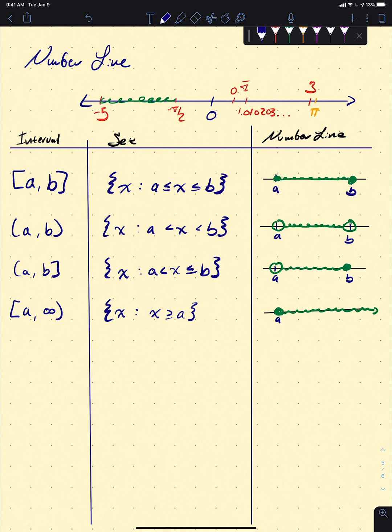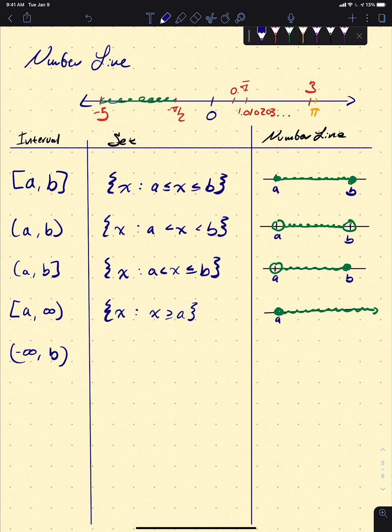You could, of course, have, say, negative infinity to b. We'll use a soft bracket here. One thing of note, since infinity is not actually a number, it's just this process of going far enough, or going arbitrarily far in some direction, infinity always uses a soft bracket.